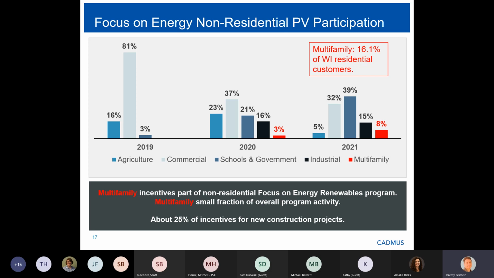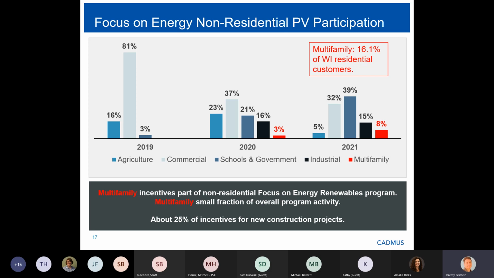They're located primarily in the commercial track of the program, and also make up a fairly small proportion of that market, and also to note that a pretty sizable percent of the projects are with new construction.